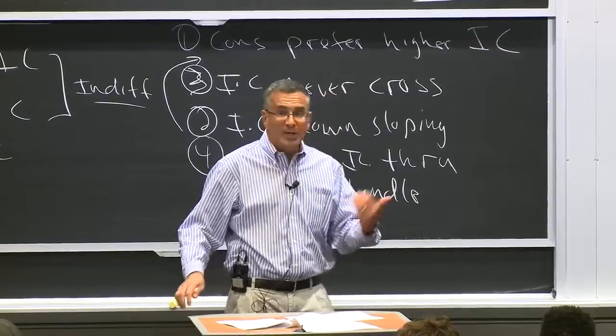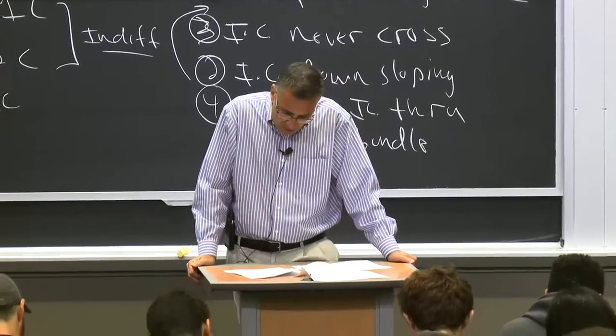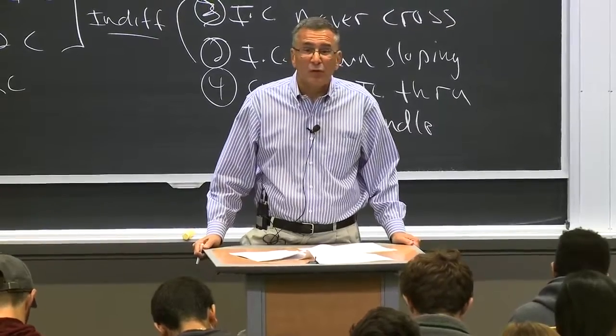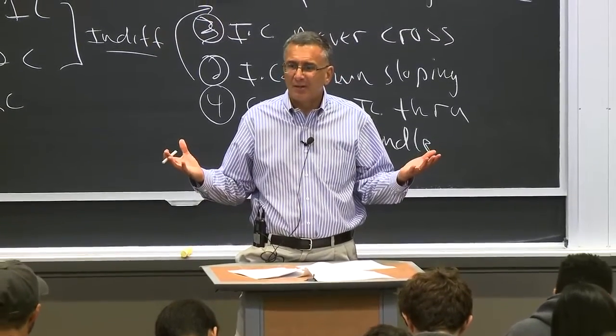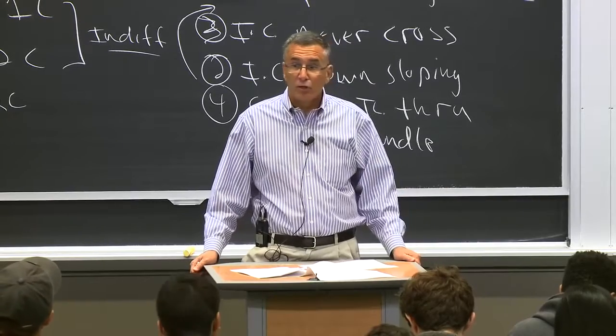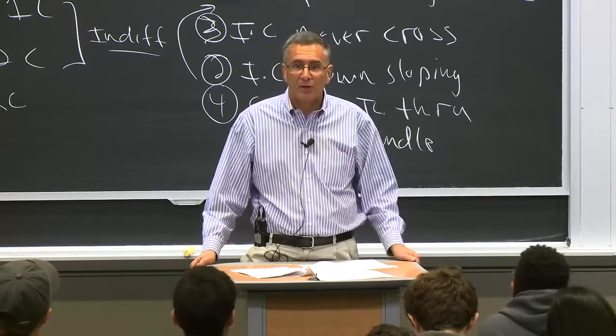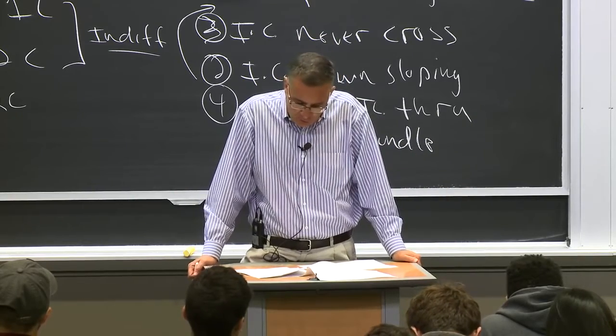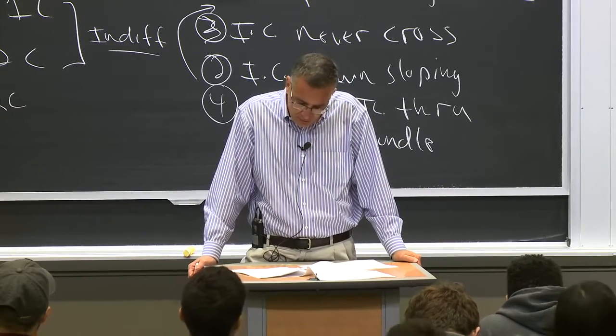You can't have two indifference curves going through the same bundle. And that's because of completeness. If you have two indifference curves going through the same bundle, you wouldn't know how you felt. So there can only be one going through every bundle because you know how you feel. You may feel indifferent, but you know how you feel. You can't say, I don't know. So that's sort of an extra assumption that completes the link to the properties.